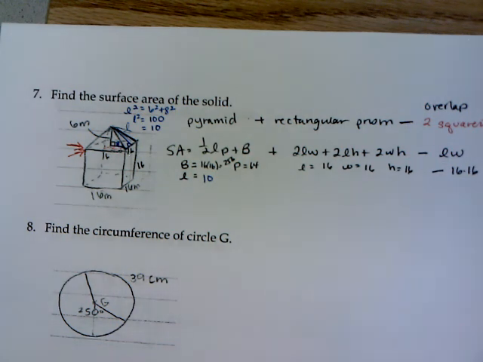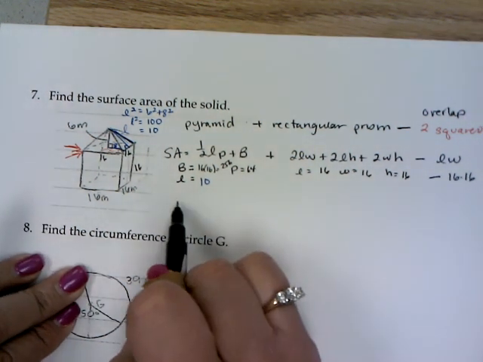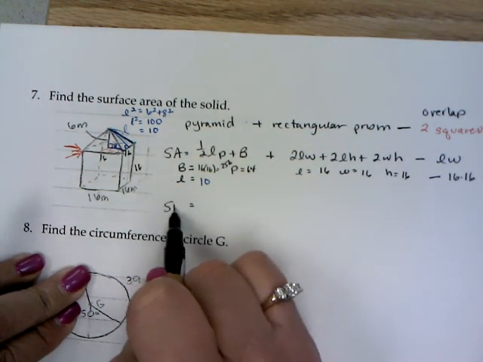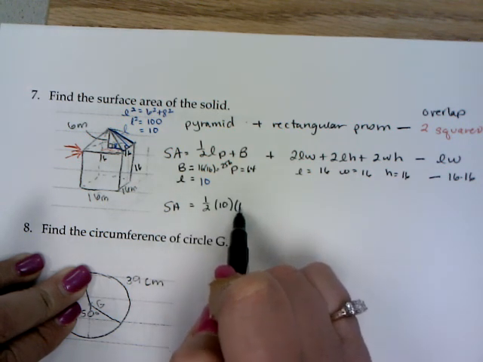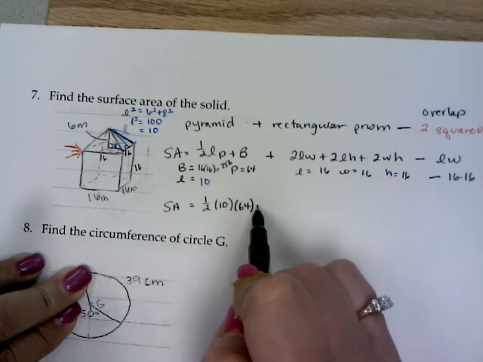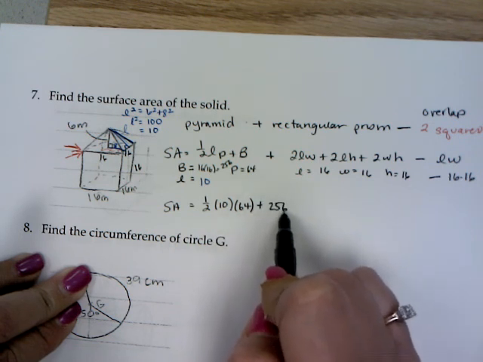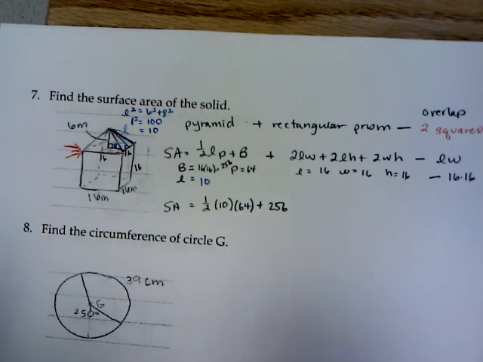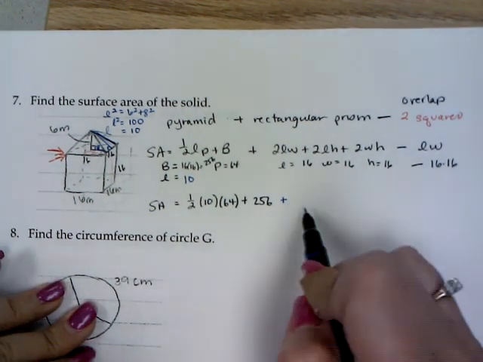All right, let's plug all this mess in and then add it all together. So first I have my pyramid. So 1/2 times 10 times 64 plus the area of my base is 256. I'm adding to it my prism, my rectangular prism.